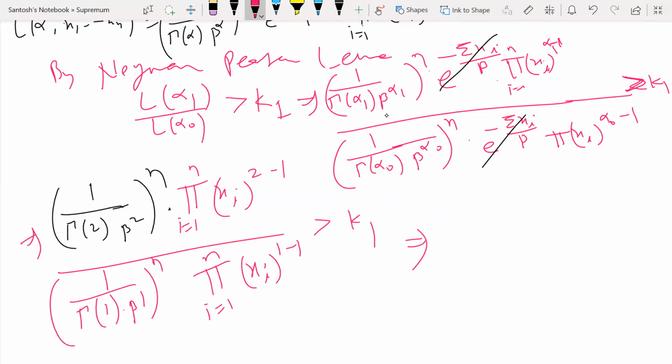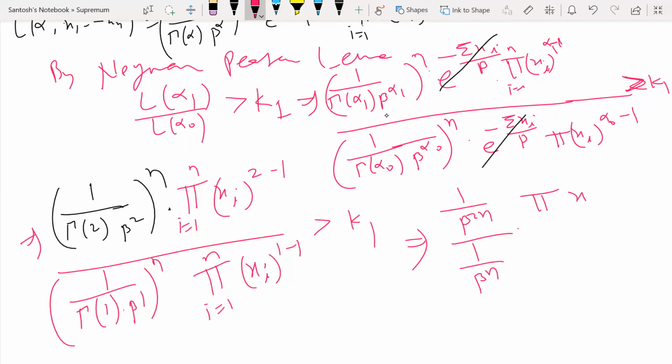Now since gamma 2 is 1 and gamma 1 is also 1, we get 1 upon beta raised to 2n upon 1 upon beta raised to n.